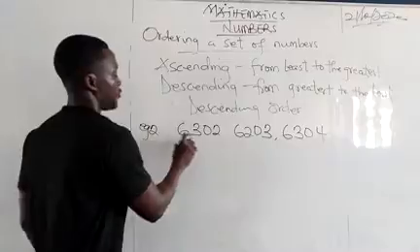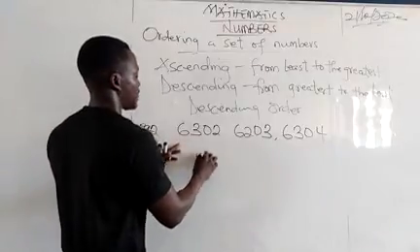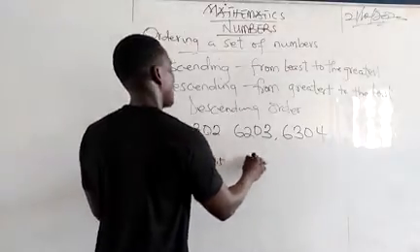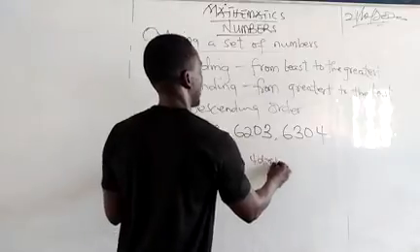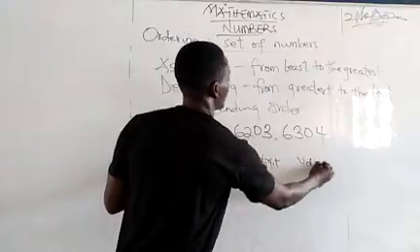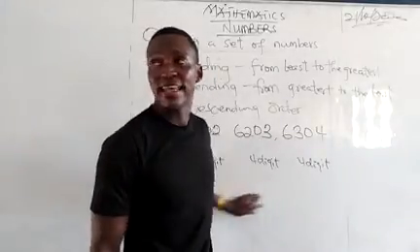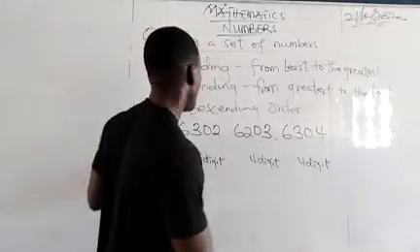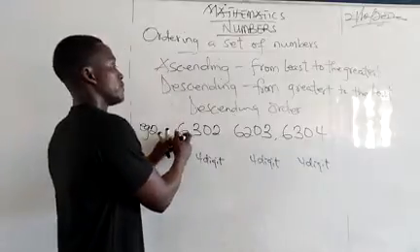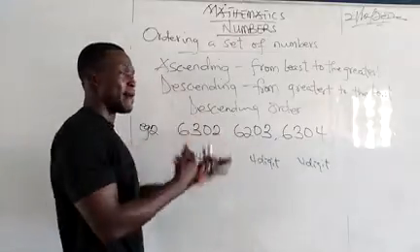So you can see that this one has 4 digits, another 4 digits, another 4 digits. Since they all have the same number of digits, we compare digit by digit, one by one.